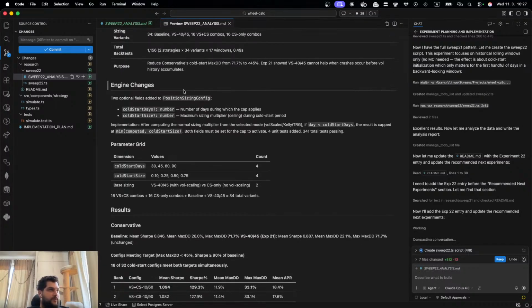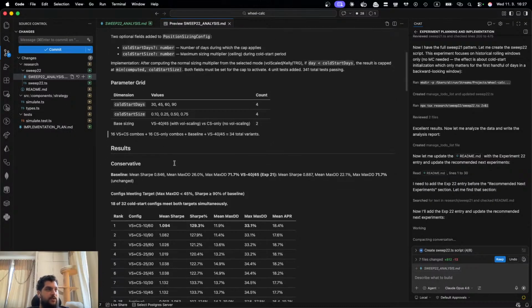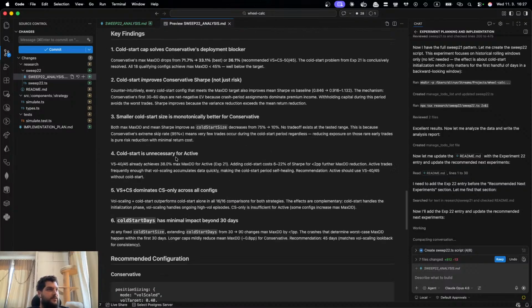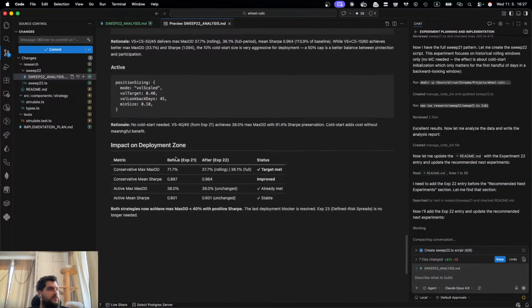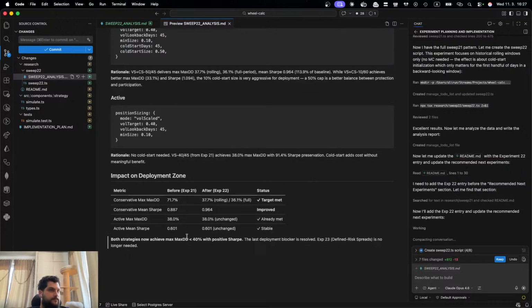So there were a couple of engine changes. So we need to check if the tests are correct, if the docs were updated and so on. The results are here, maybe their conclusions. Okay, so it actually managed to decrease the max drawdown.